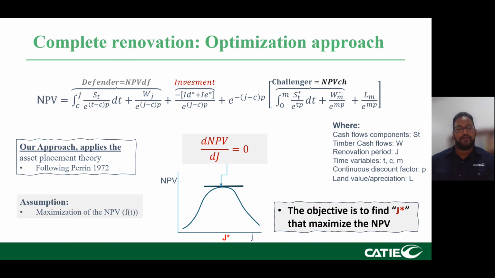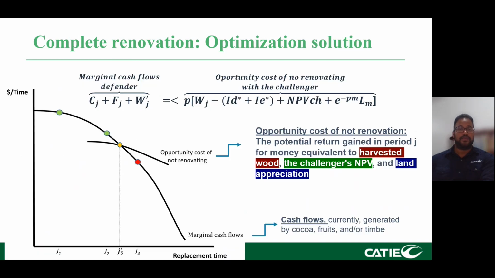Our contribution here is that we have incorporated all those components that constitute an agroforestry system. The assumption that we are making is that farmers want to maximize the net present value of future cash flow, and basically our problem is to find the letter J, which represents the renovation period that maximizes the net present value.